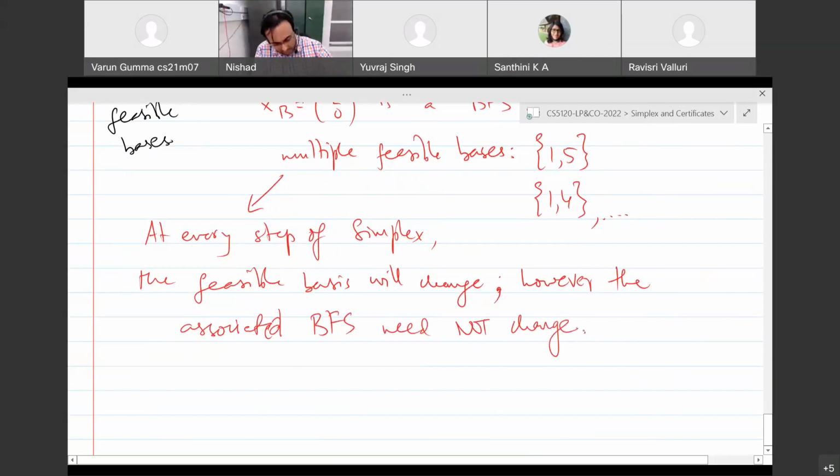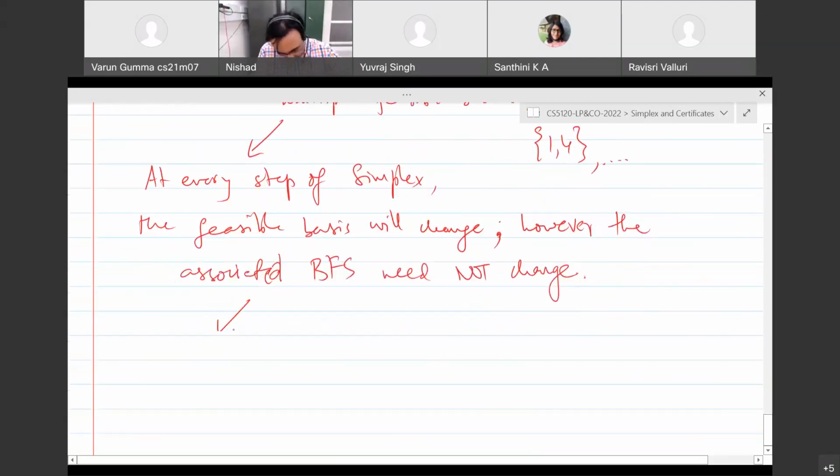In fact, what I would like you to do as a try it yourself problem, also to help myself, is if you can find an example and run the simplex algorithm on it and show me a point where the feasible basis will change because it has to change, but the basic feasible solution remains the same.